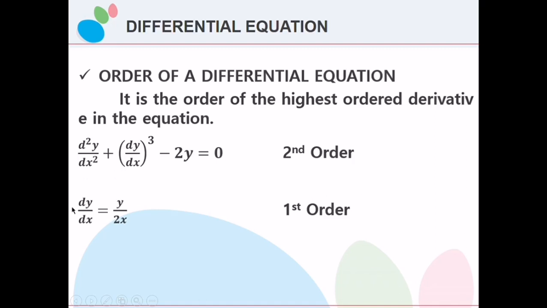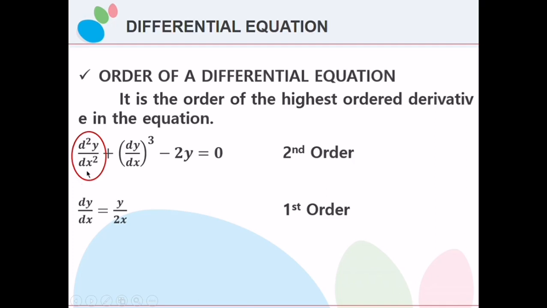This equation is under the second order, and our second equation is under the first order. Because our first equation, we just focus on the highest derivative, and we all know that this is the second derivative.